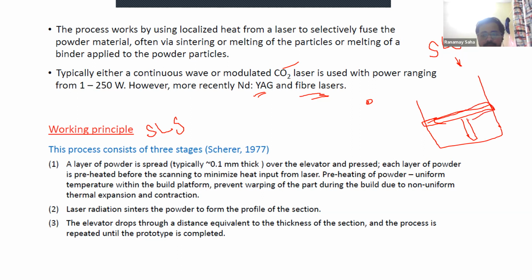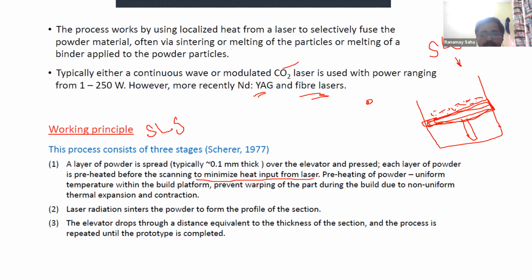So this is called the elevator. You drop in the powder layer. A layer of powder is spread over the elevator and pressed. Each layer of powder is preheated before the scanning to minimize the heat input from the laser.